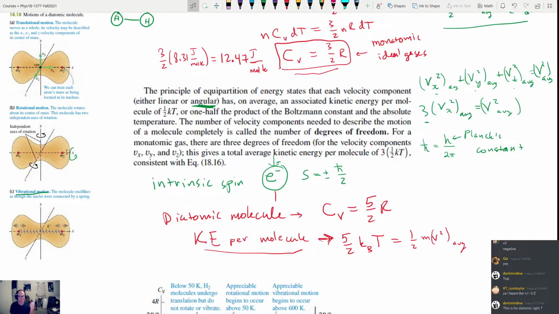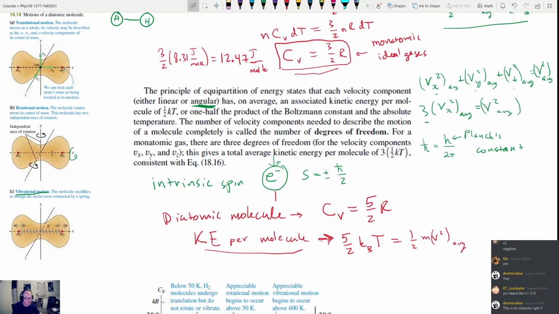We consider those to be 2 independent degrees of freedom, which contribute an extra 1/2 kT each. So how many degrees of freedom does the diatomic molecule have? It has 1, 2, 3, 4, 5. Those are the ways in which it can freely move and rotate in space. Does that make sense?